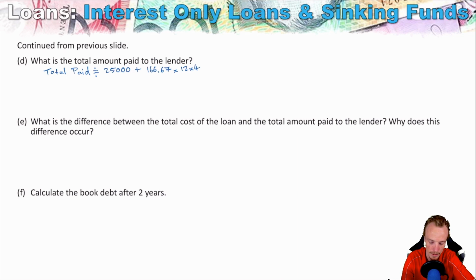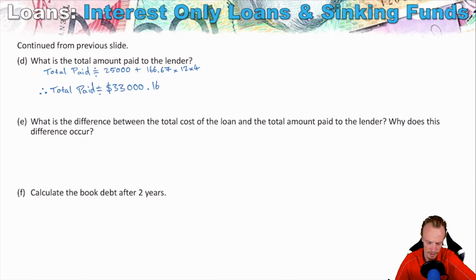All right. So when we start looking at this figure here, the total paid, this is how much the lender receives back from us as a total sum. Obviously, they're receiving some of it monthly, but the principal is still the same. And that's going to be approximately $33,000, pretty much flat, and 16 cents.